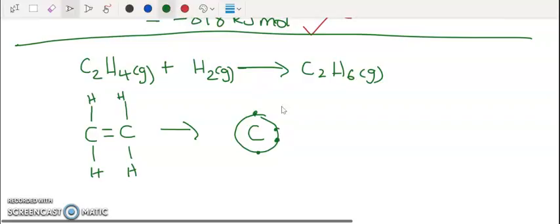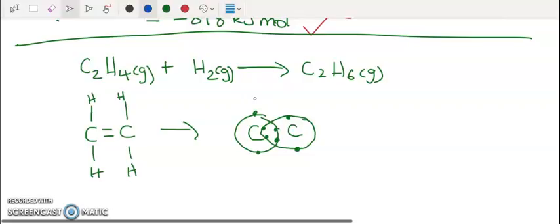So we're going to join this carbon here, and this carbon is going to share its 2 electrons. So therefore, carbon has 8 electrons altogether. Oops, sorry about this. So we're gonna have 1 electron here, 1 electron here.